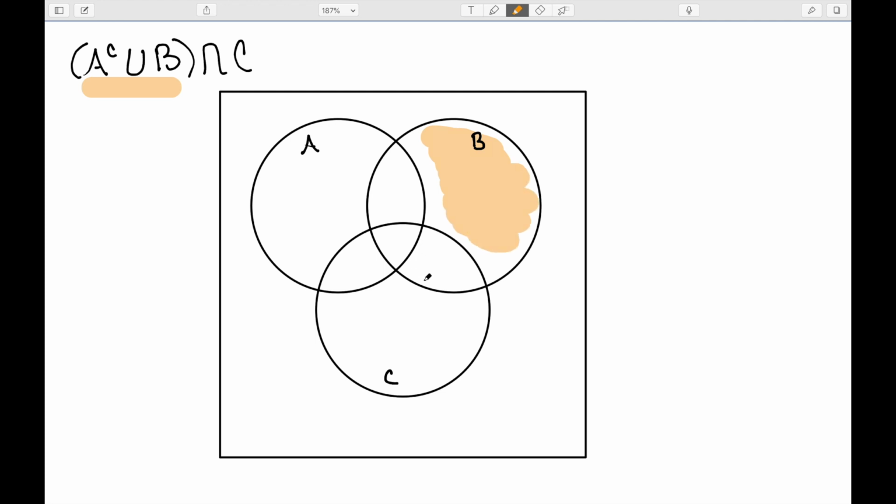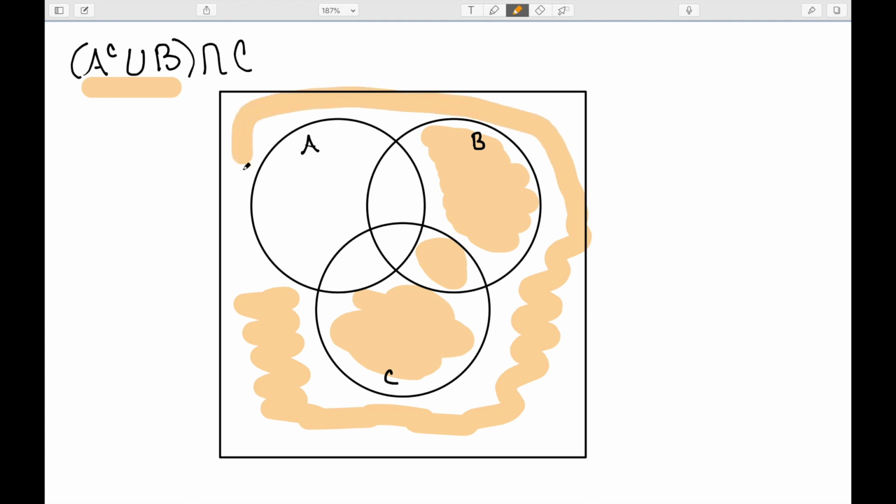That'll include this piece here, here, here, as well as the outside box. I want to union this with B, so I also want to consider everything that's in B as well. So here are the two pieces that I was missing before that are also in B.